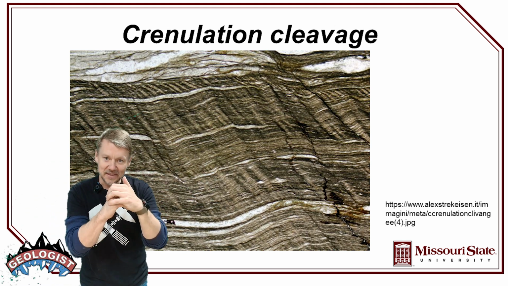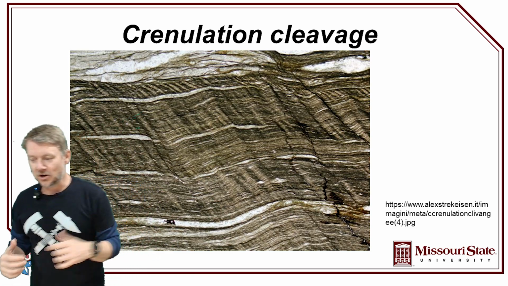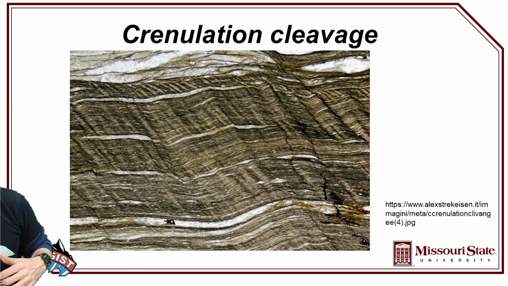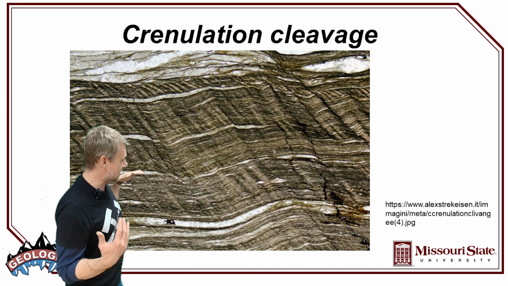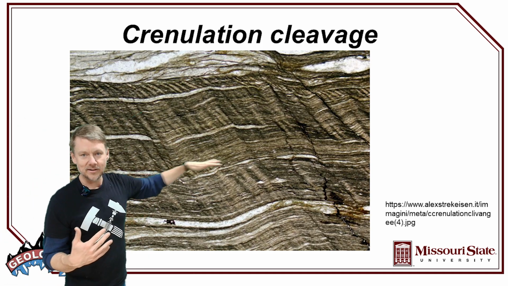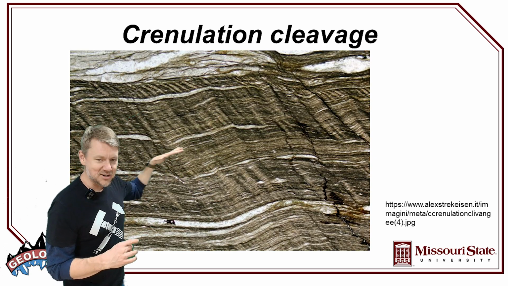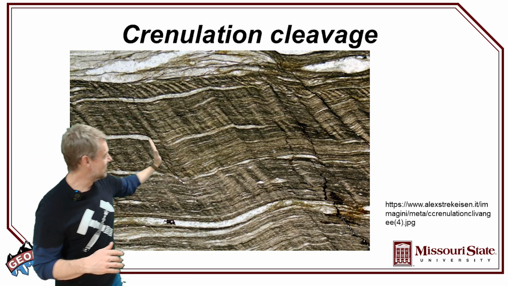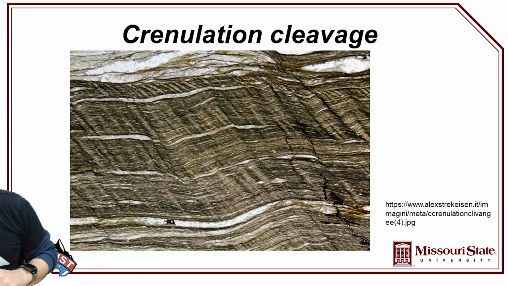And when they do that, they create this really well-developed cleavage in the rock that is called the crenulation cleavage. And so when we get that, we now have two things we can measure. One, we would call it our S1, our schistose fabric, that is the major schistosity. But we have another planar fabric, which would be our crenulation cleavage, that we could also measure.